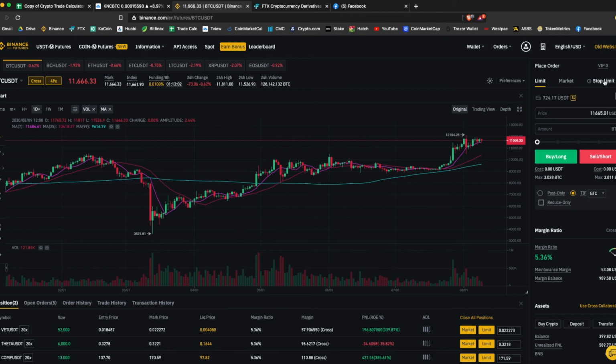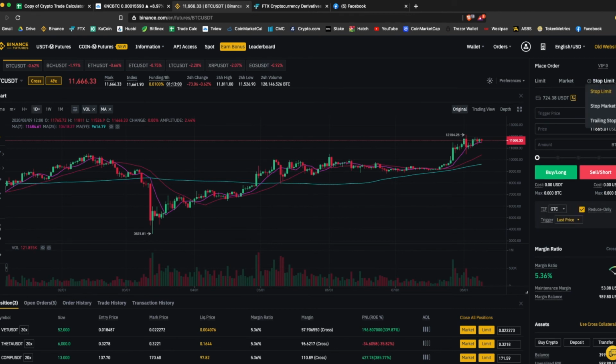Stop limit. Okay, so you've got 3 different types of stop orders. Stop limit is the same thing. So what happens if I place a stop limit order is, let's say I want my stop loss to be at 11,000. We put in a trigger price of $11,000, and then the next price here is the limit.